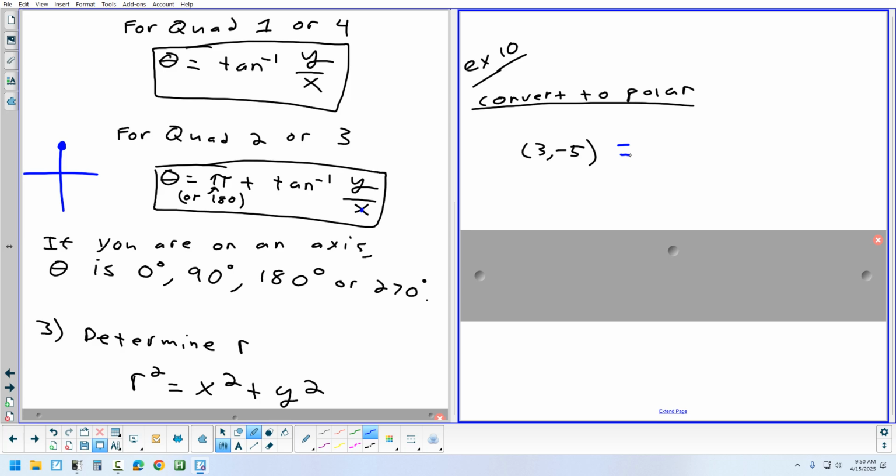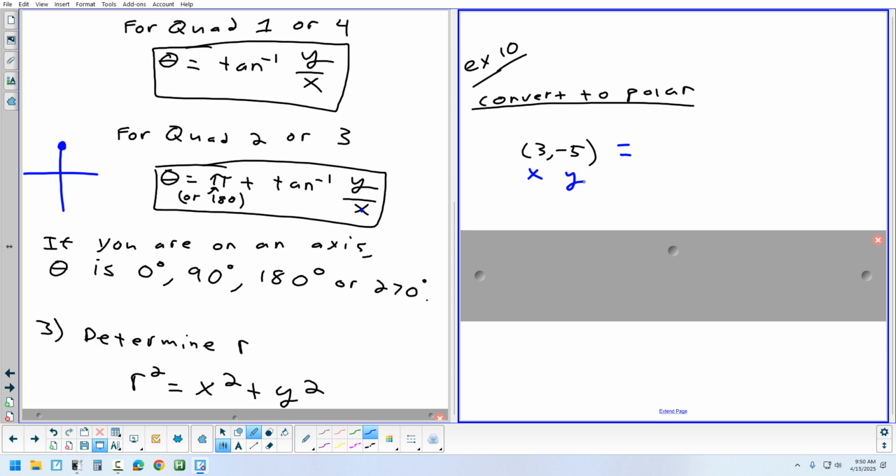Let's do r first. What's my x value in that coordinate? Yep, that's my x, and negative 5 is my y. Fill them in and use the Pythagorean theorem to find the hypotenuse of your triangle, which is the radius of your point.